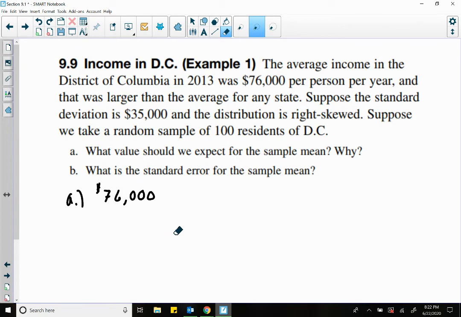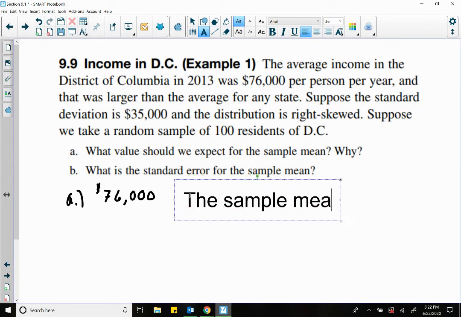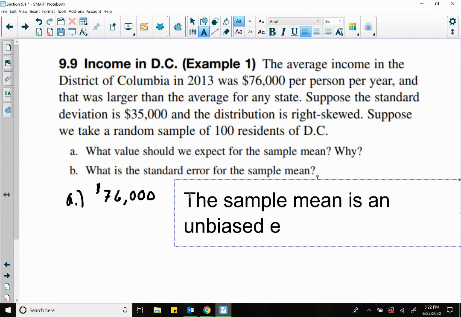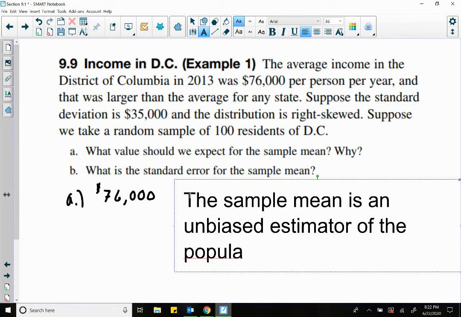So there's part A. And again, it's because the sample mean is an unbiased estimator of the population mean.